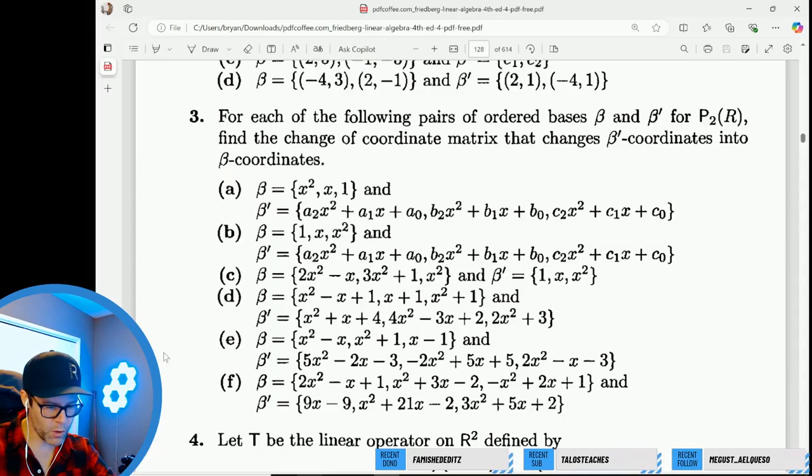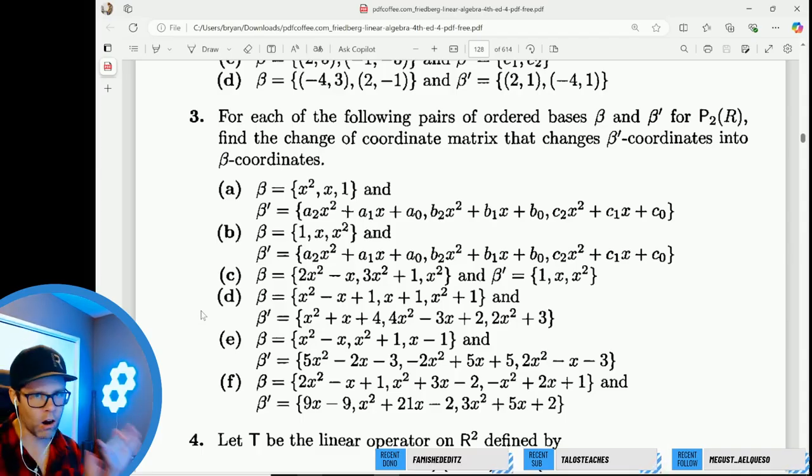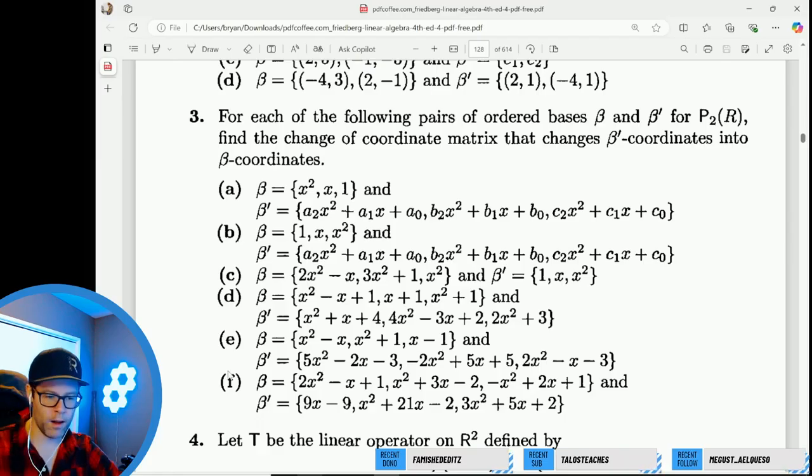I mean, what I'm doing with Friedberg is definitely of the really high academic level, but we probably won't get into the difficulties that arise from working with abstract vector spaces. We're going to keep a lot of our work in R or Rn, just to make things a little bit easier as an introduction for the students.